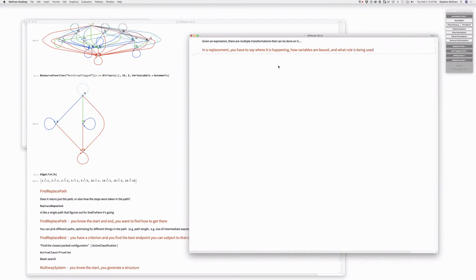So, for example, if I say something like f of ABC, and I'm using the rule f of x double blank y blank goes to whatever. Then what I'm going to need to know is, well, actually, let's say I do something like g of that, comma, f of x, y, et cetera.